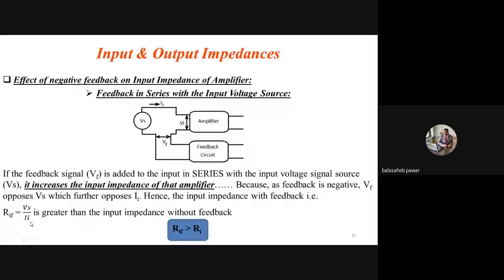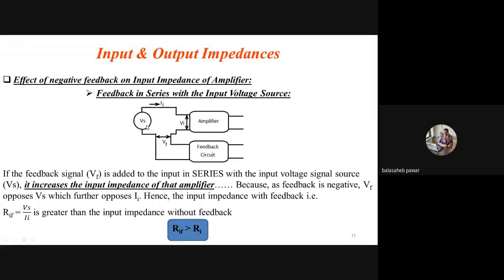You have to remember this one. I will give the hint. Okay. So see that RIF is nothing but, as written, it is Vs by Ii. That sentence I mentioned, if negative feedback is used, that is Vf is there, then it will go on to oppose the Vs, or it will go on to subtract from that Vs in our language, right?